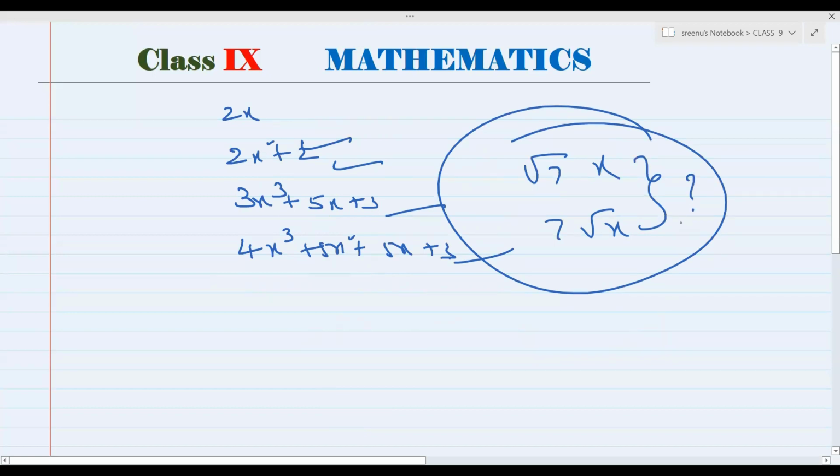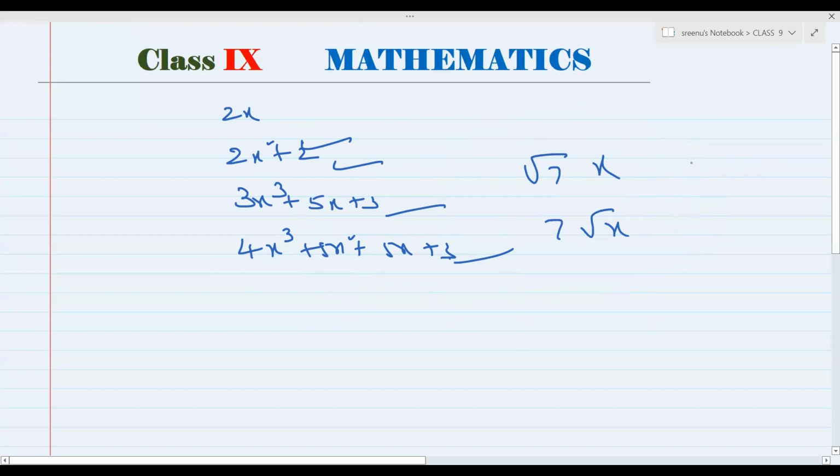Root 7x, sir. Why so? You are not telling the answer confidently. Why is it a polynomial? Okay, this is not a polynomial, I already said. Root is there. How can you say this is a polynomial?